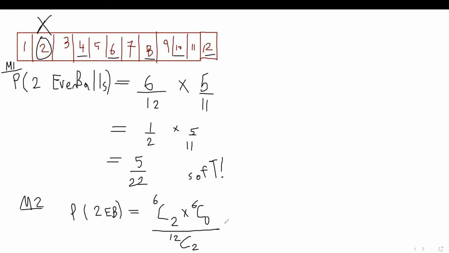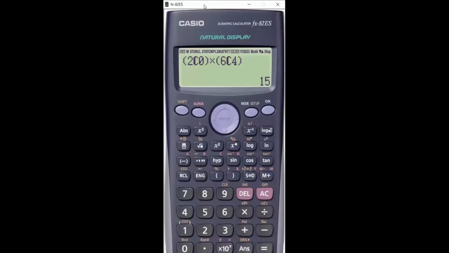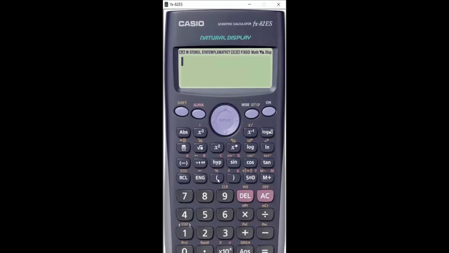So let's do it using combinations now, and we're going to get the same answer. Let me just zoom this a little bit. We put in the fraction button first. It is 6 choose 2 even balls times 6 choose no odd number ball, and then we divide it by the total possibility of 12 choose 2.